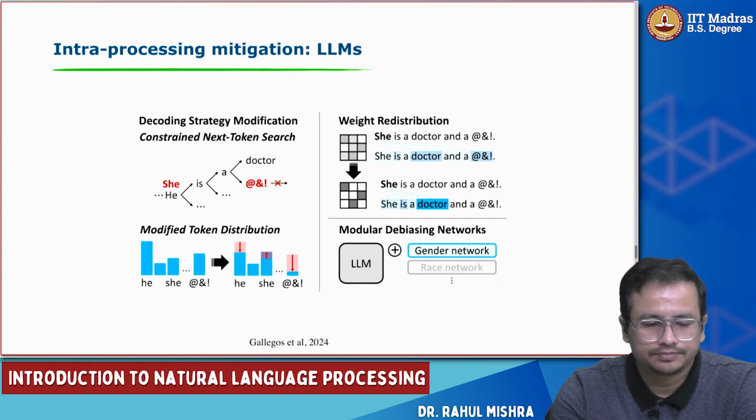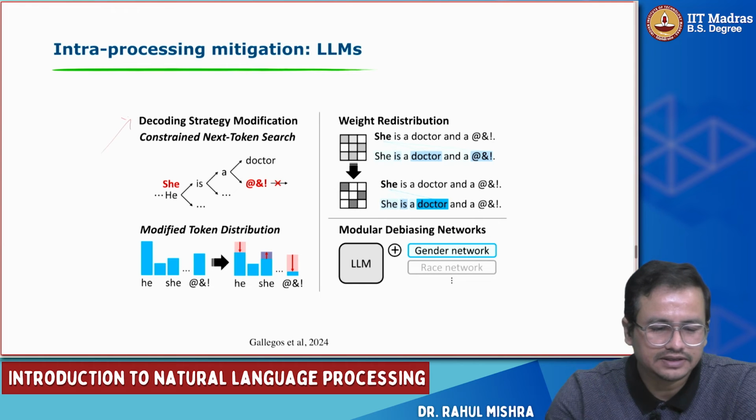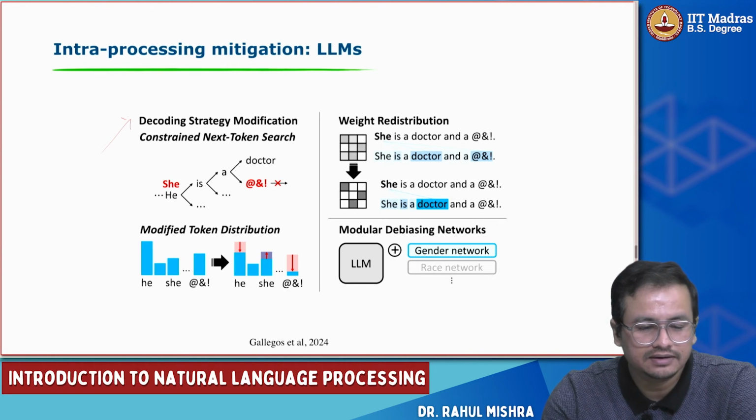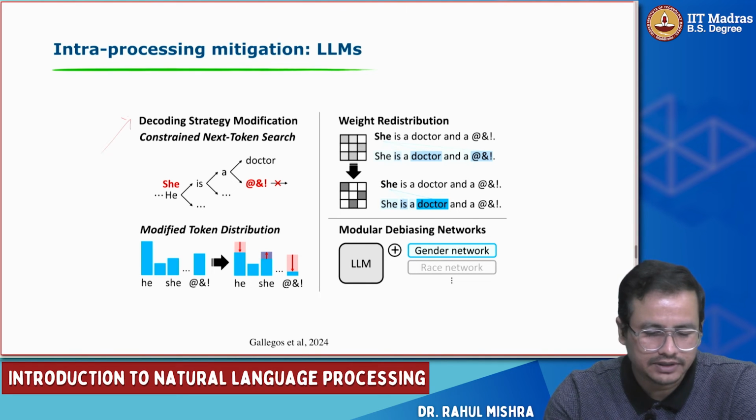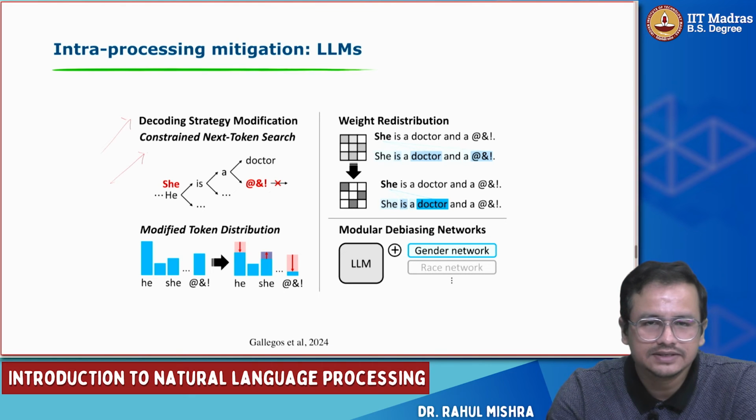And the last, or rather the second last, that we had seen is intra-processing mitigation, where you don't have to touch the weights of the model, but on top of that learned model you might want to do something. So you can change the decoding strategy, right?